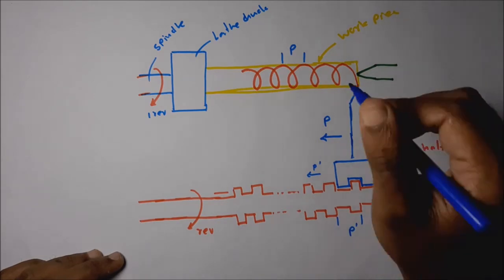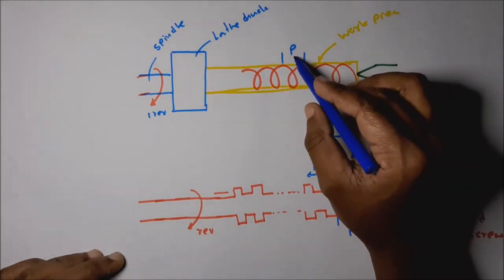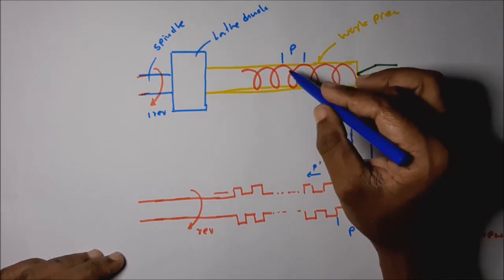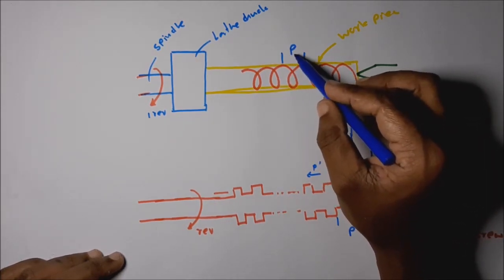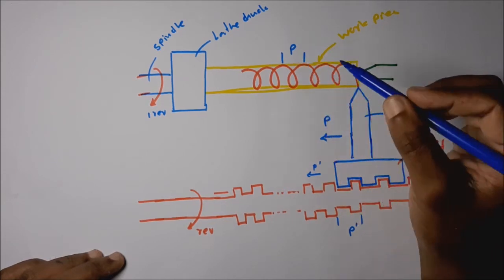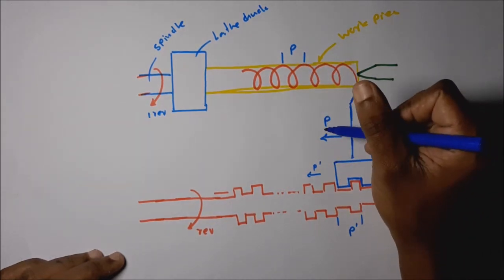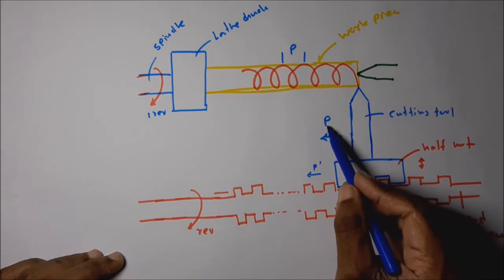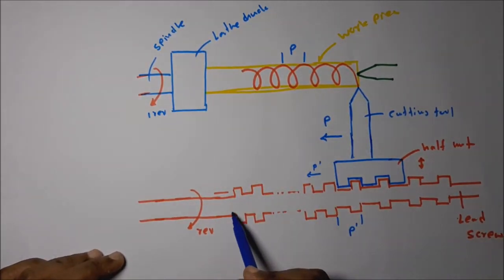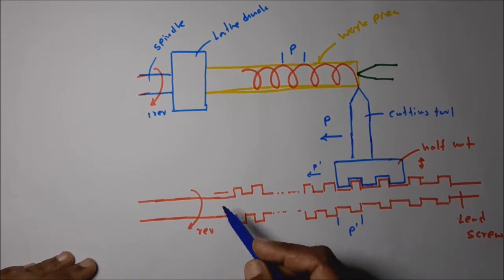What is the required tool travel? That is equal to the pitch to be cut. That means this is the thread we are going to generate. This is the pitch value we want. Okay, to get the P distance per one revolution of the spindle, we have to rotate this lead screw.